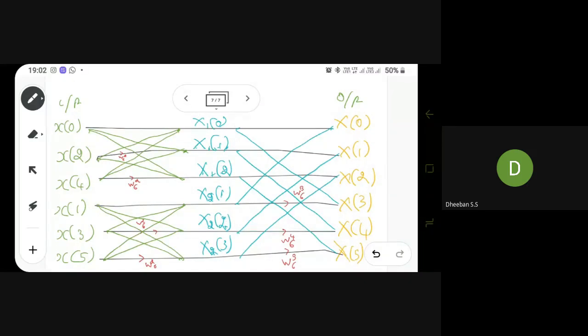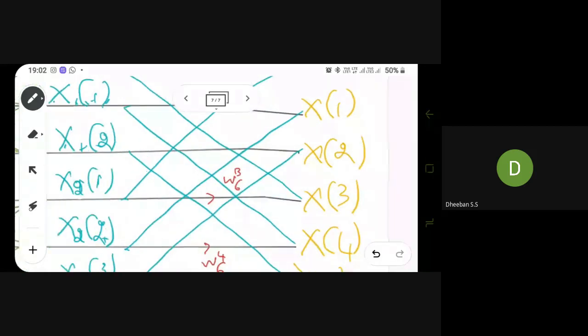So this is your diagram, and here. So I'm just having one small doubt over here. This x of 2, whether there will be a triple factor coming over there, I don't know. I think it will be coming.